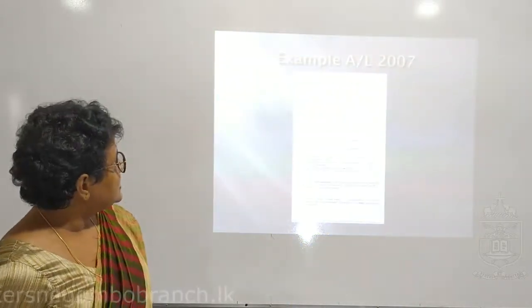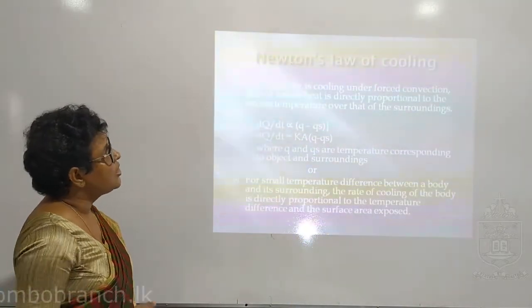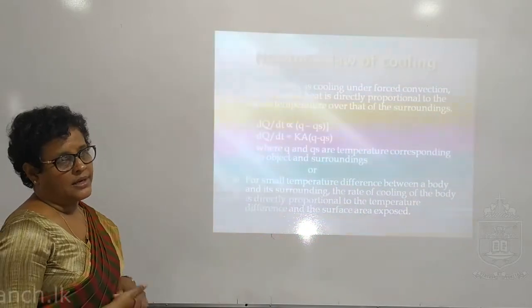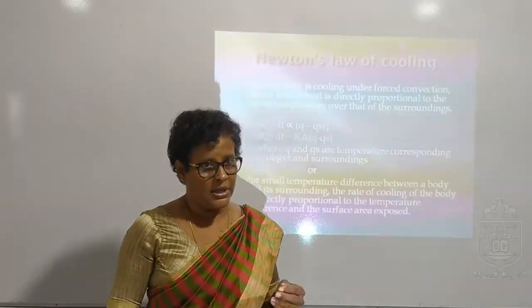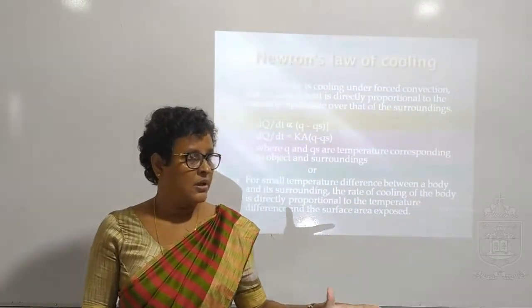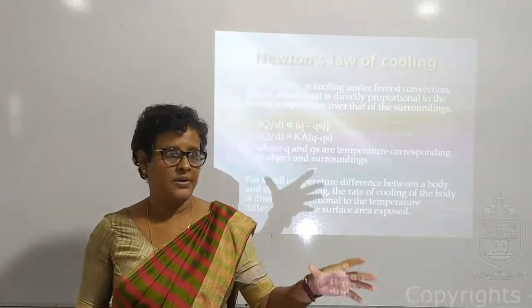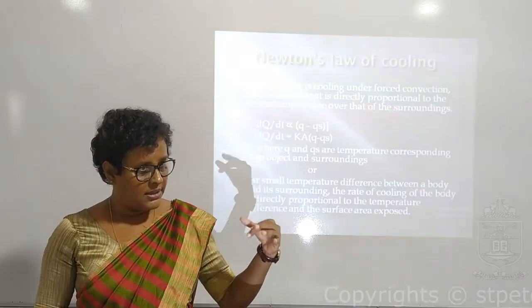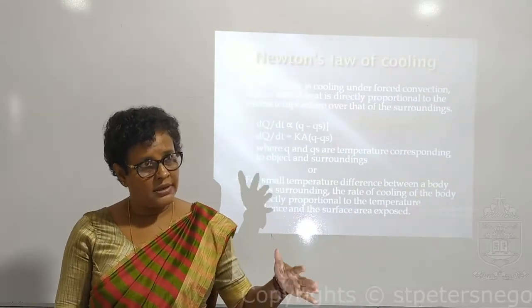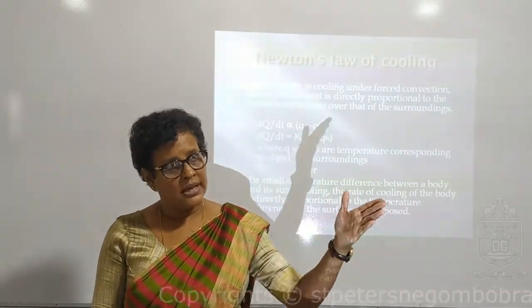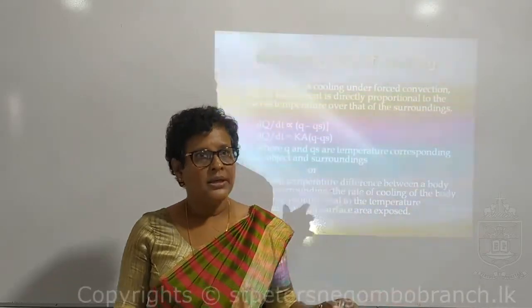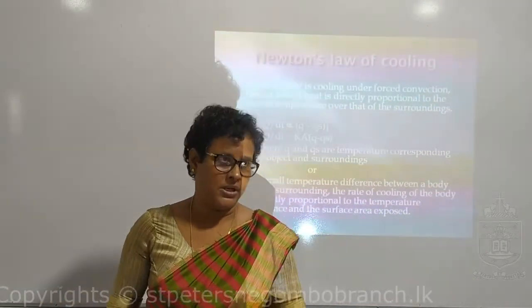Okay, now see this. Newton's law of cooling. Newton said if there is a hot body which you kept in forced convection, near a window or near a fan, the rate of losing heat is equal to the excess temperature.